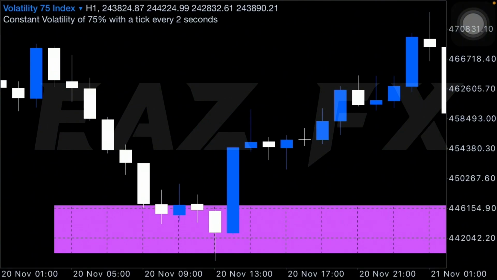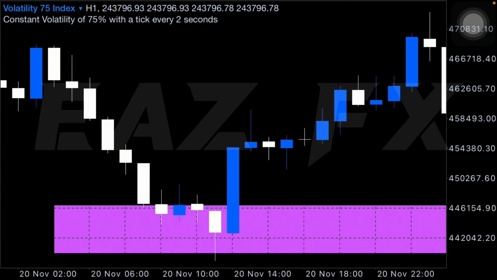So you analyze this pattern very well. You see that the first candlestick's low is higher than the second one, and the third one's low is also higher, and the most important thing, the third one breaks the high of the second one.